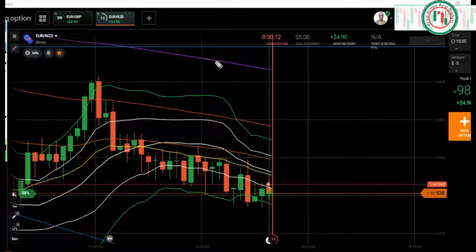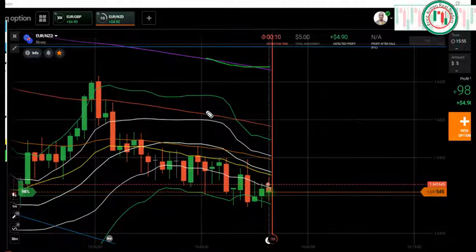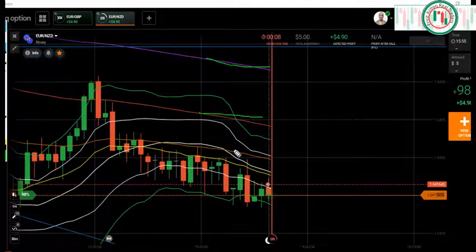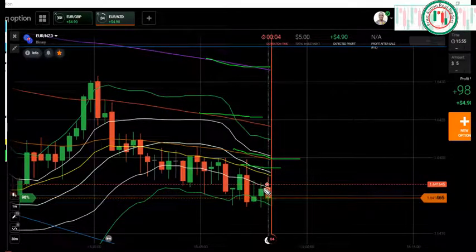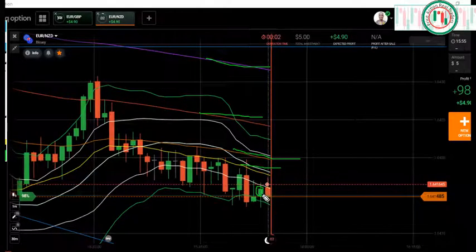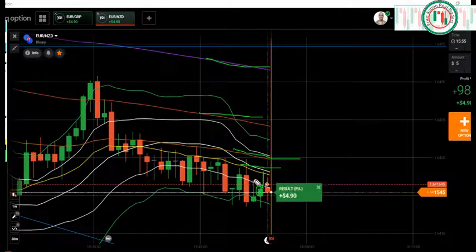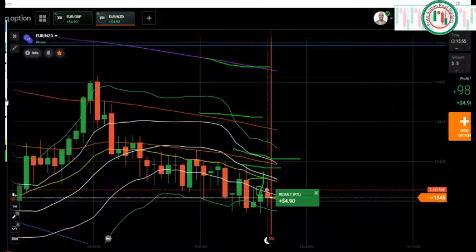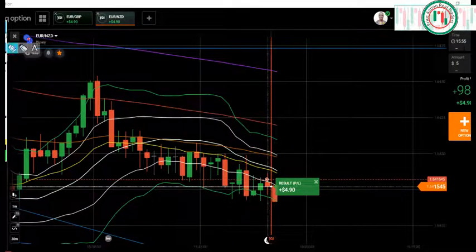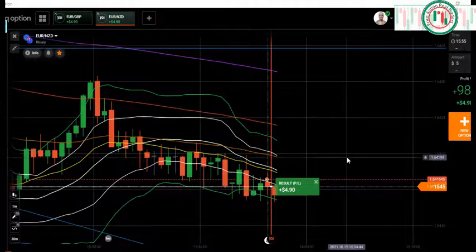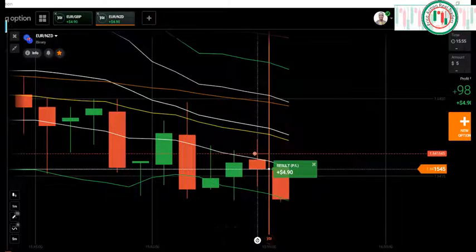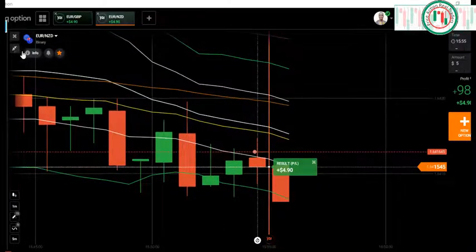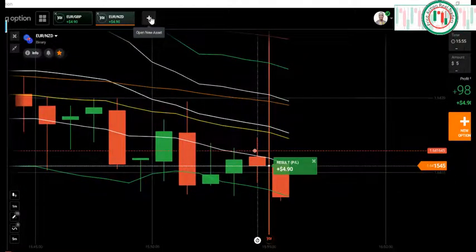Here you see 200, 100, 50, 20, and this candle didn't break the wick of this candle. So that means it's process of elimination. The next candle must be a red candle. So let's check another one.